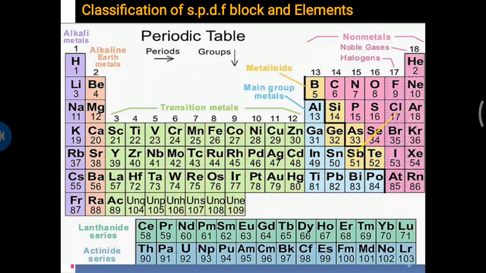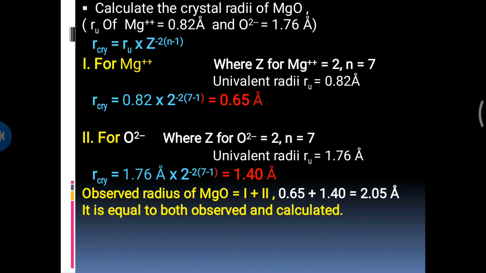Now calculate the crystal radii of magnesium oxide by using the Born equation, in which the given univalent radii of Mg2+ is 0.82 angstrom and O2- is 1.76 angstrom.